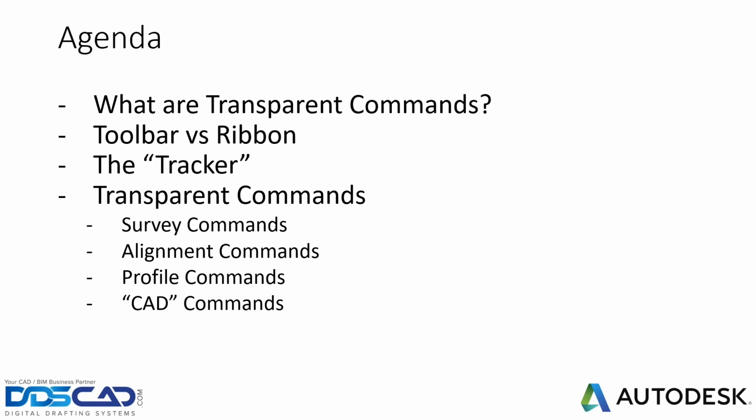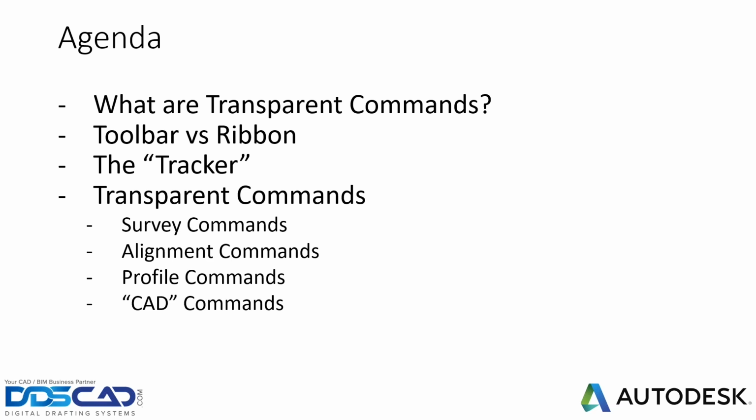It's very useful, especially when doing roadway work or anything related to alignments, profiles, or points. Then we have categories of transparent commands, and we'll go over all of them. I categorize them into survey type commands, alignment type commands, profile type commands, and then you can of course use CAD commands with the transparent commands.